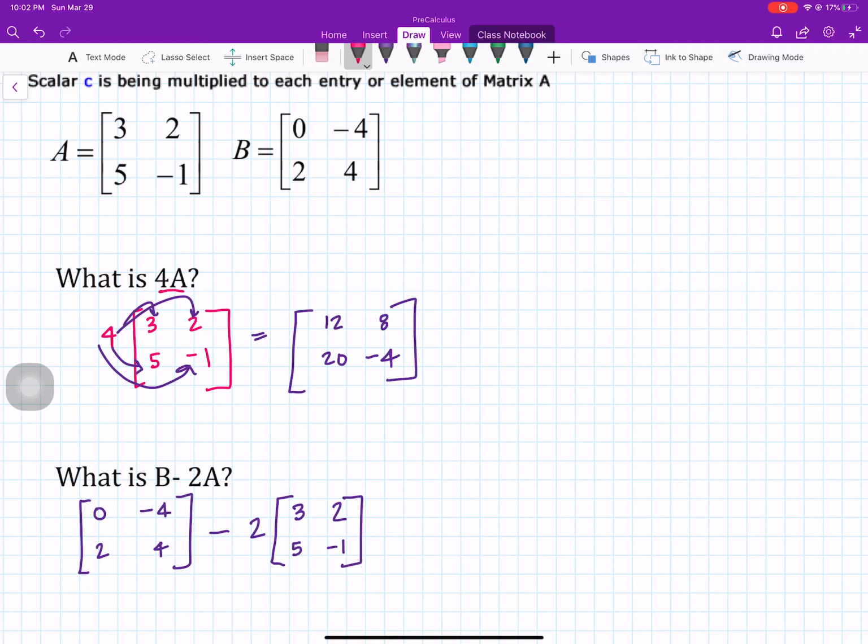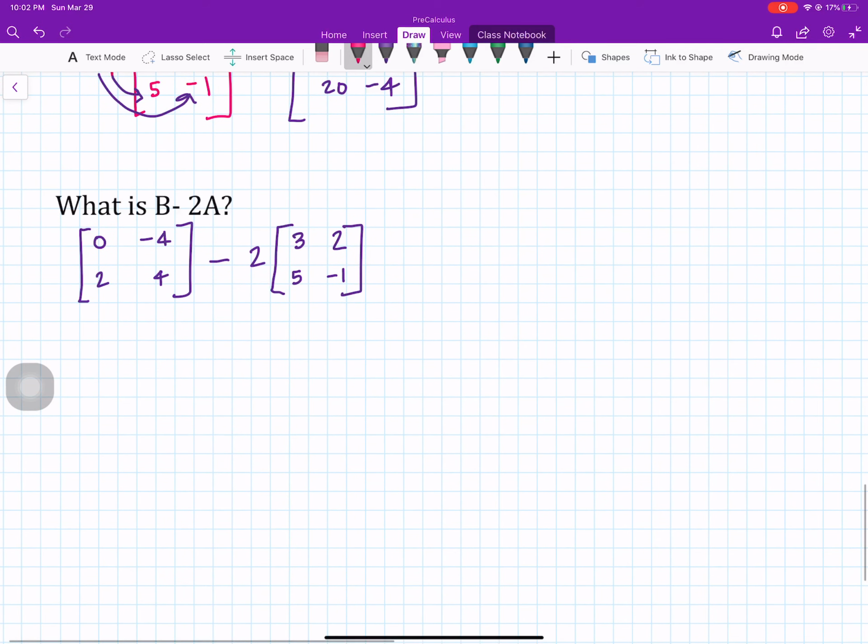You can do it in 2 steps or 1 step, but it is very important that you pay attention to the fact that each number has to be multiplied by 2 before you add matrix B or subtract it from matrix B.